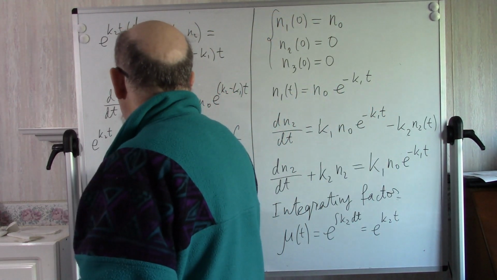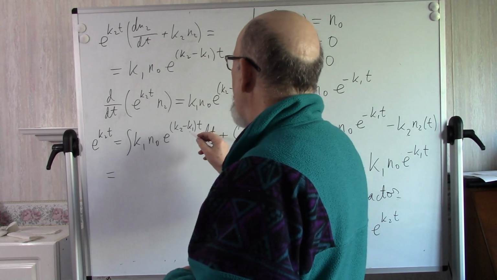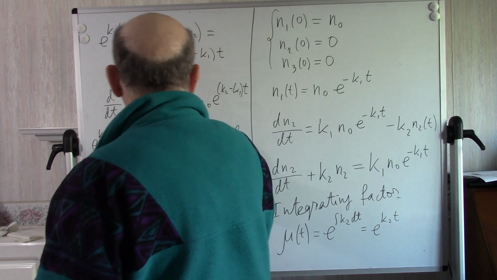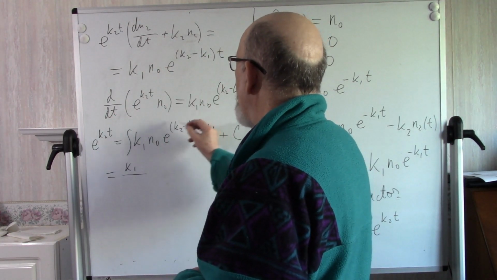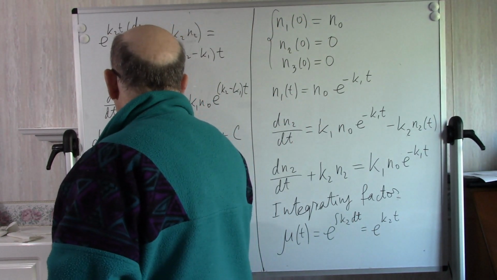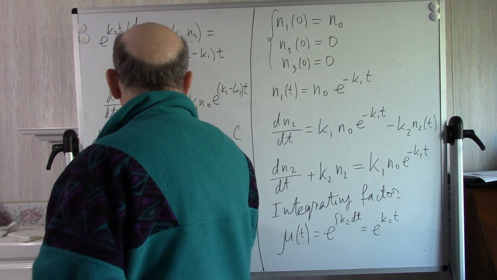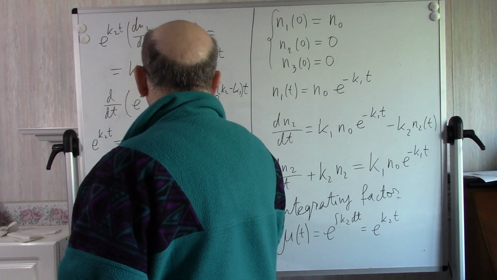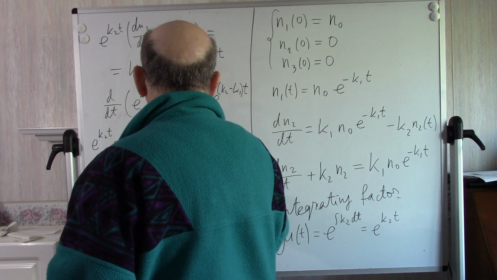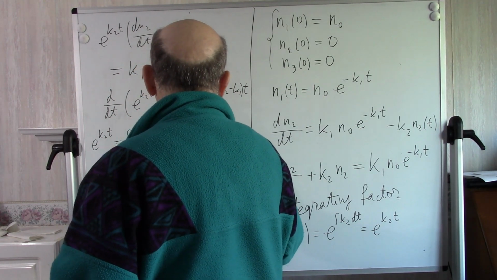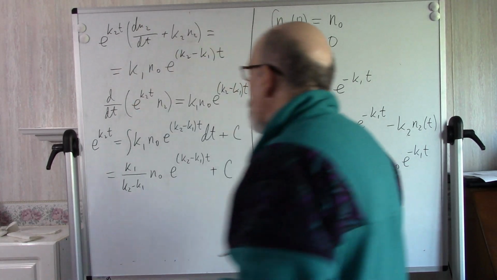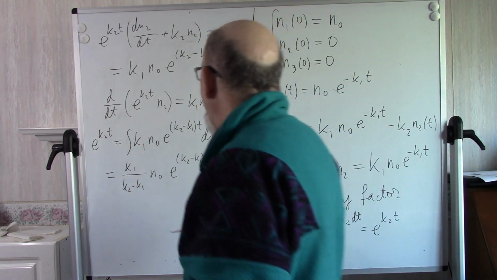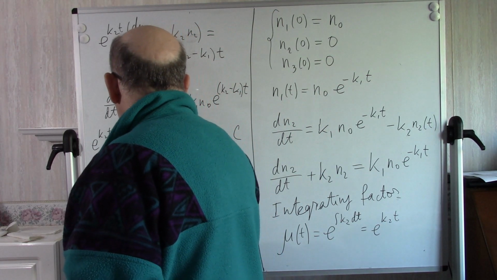Let us integrate: for the integral of an exponent we have to divide by this coefficient, k2 minus k1. So we get k1 N0 over (k2 minus k1) times e^((k2-k1)t) plus C.